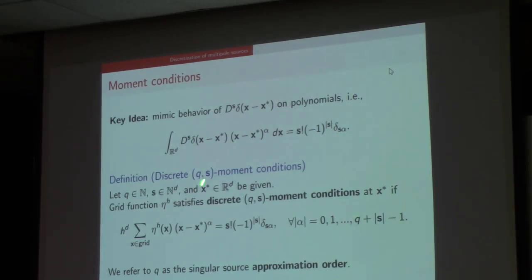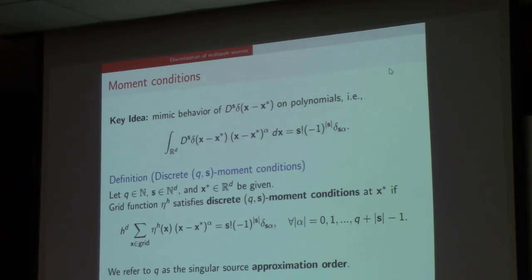And so we want our discrete version, so I'm going to call eta h the grid function version, or discretization, of the derivative of the delta function. And rather than have an integral, I'm going to have a summation over the grid, but still acting on the polynomials here. So I want it to give me the same response, but in this discrete version.